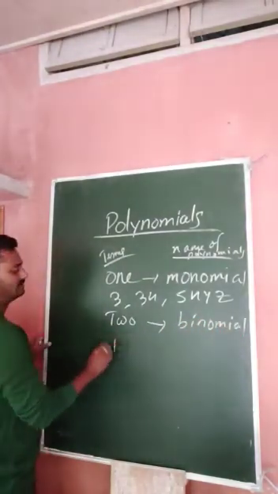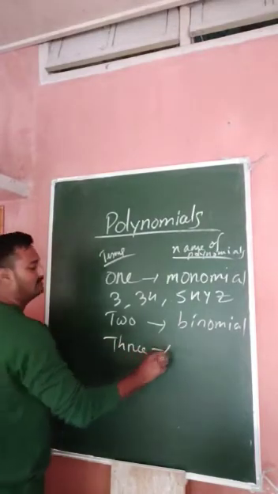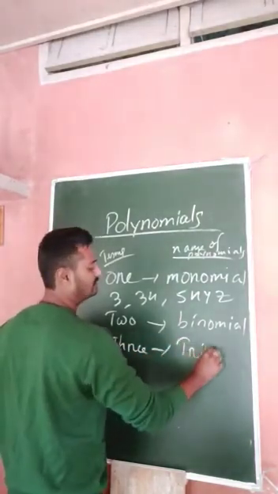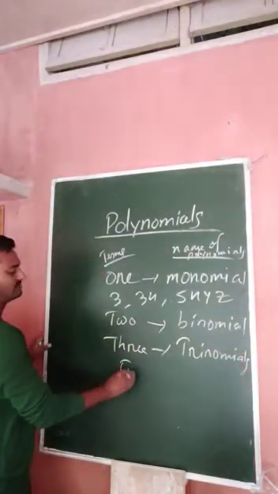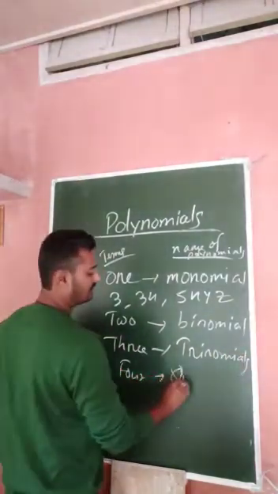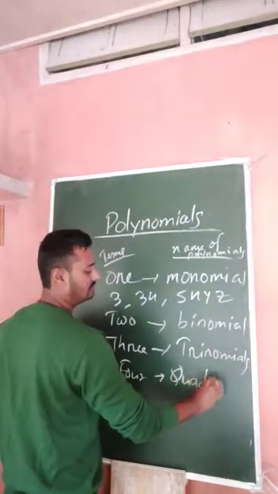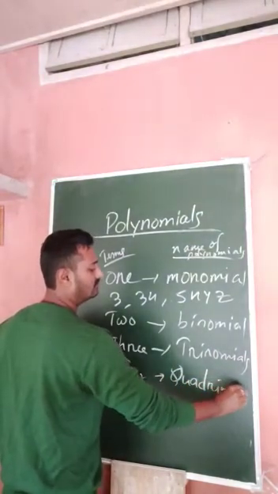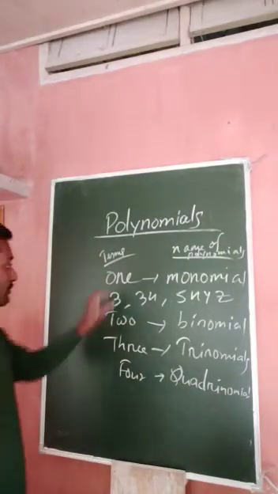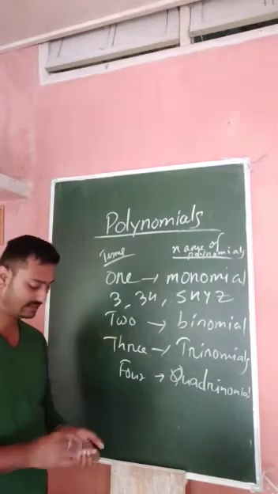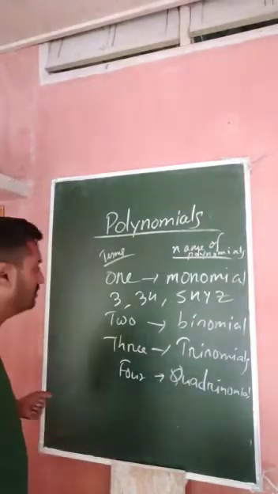Suppose 3 terms, it is a trinomial. Suppose 4 terms, it is a quadrinomial, etc. And remember, how can you find how many terms? Always remember, the terms are separated by plus or minus symbols.